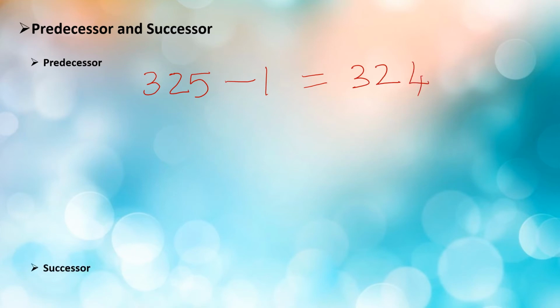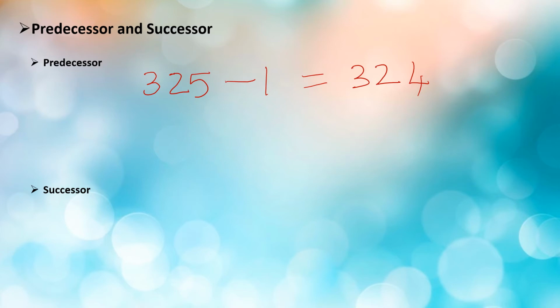I'll show you an example. If I want to write the predecessor of 325, what am I supposed to do? I am supposed to subtract 1 from it, so I will get 324. Now let us look at the successor. The successor of any given number is obtained by adding 1 to the given number.